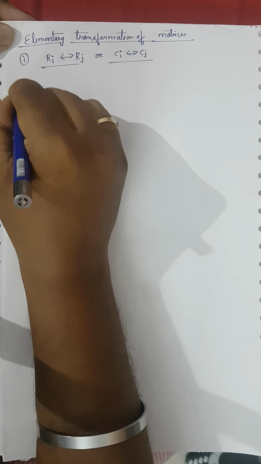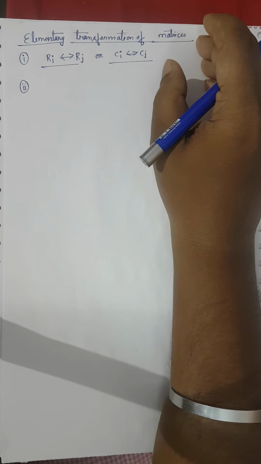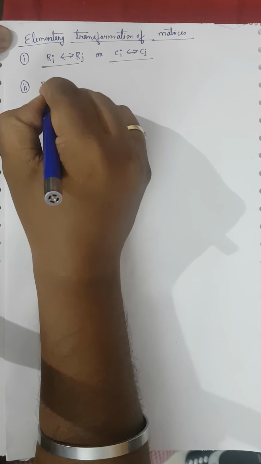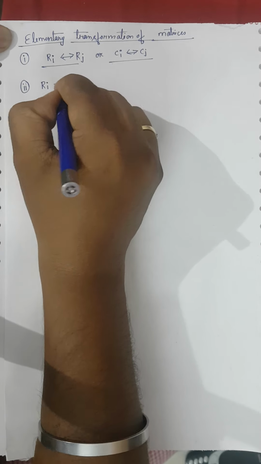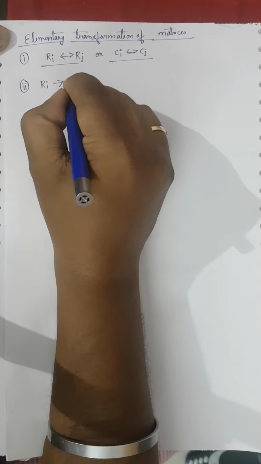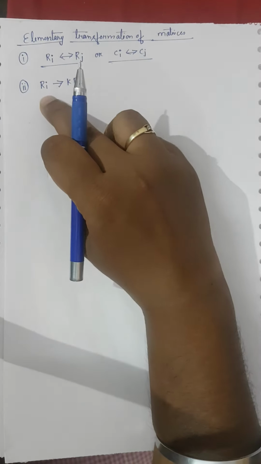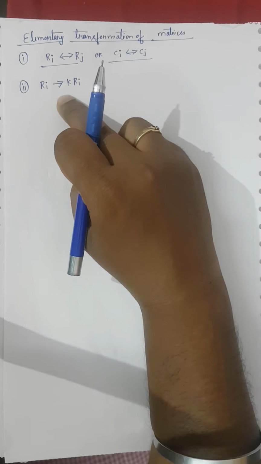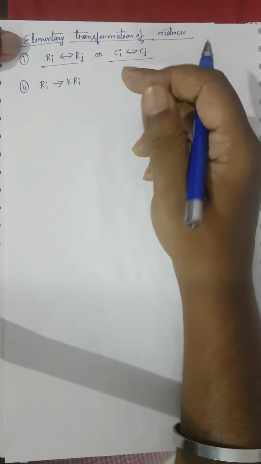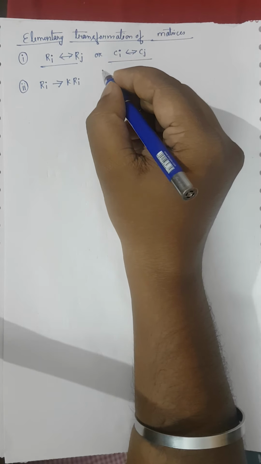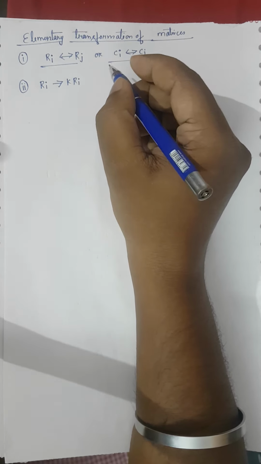Second one is the elements of any row or any column can be multiplied by a non-zero constant k or lambda. We can symbolically write it as Ri changed to k into Ri, that is, the elements of the ith row are multiplied by the constant k. K should be a non-zero constant, can be negative, can be positive, can be a fraction, but cannot be equal to 0.